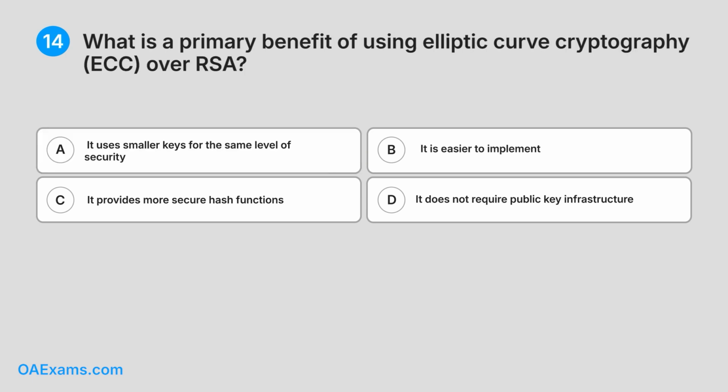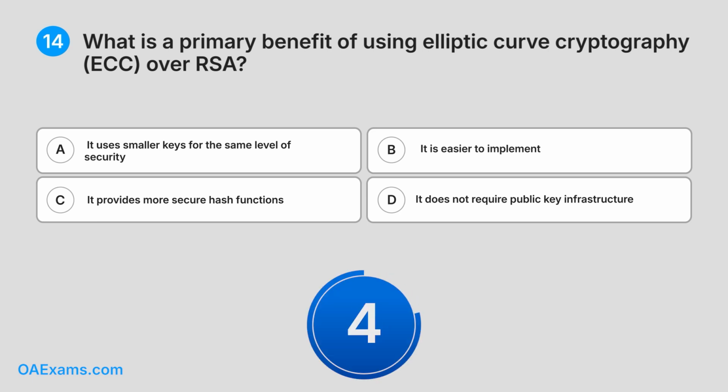14. What is a primary benefit of using elliptic curve cryptography, ECC, over RSA? A. It uses smaller keys for the same level of security. B. It is easier to implement. C. It provides more secure hash functions. D. It does not require public key infrastructure.